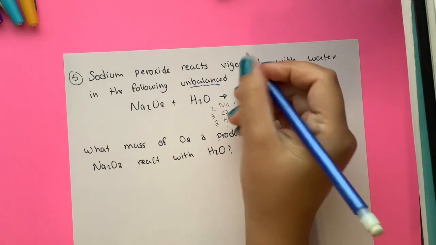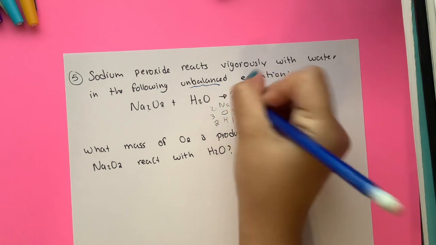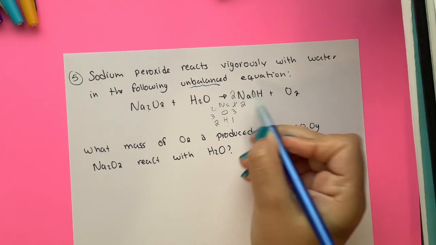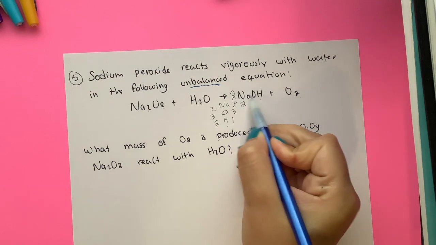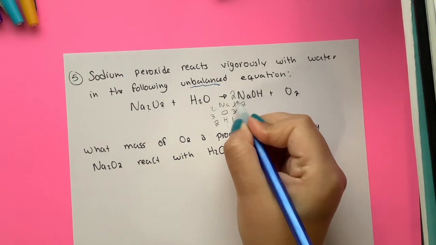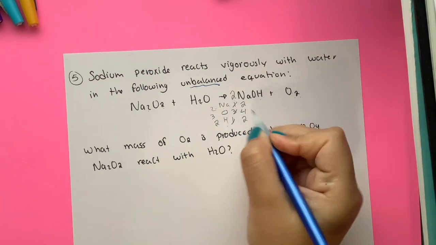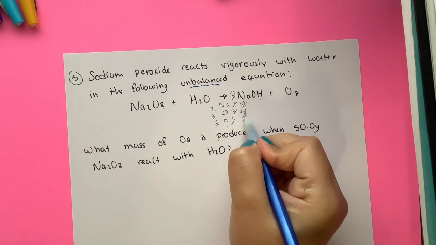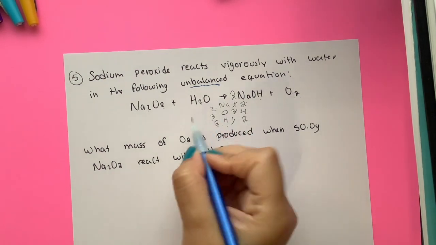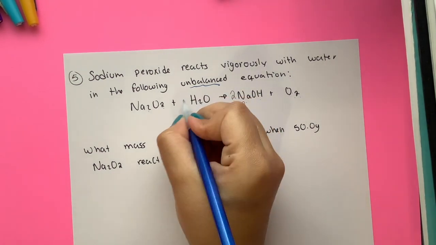To balance that, I'm going to put a 2 here. This 2 affects sodium. Now I have 2. Oxygen, I have 2 here plus another 2 here, that's 4. And hydrogen, I have 2. My sodiums are balanced, my oxygens are not, and neither are my hydrogens. To fix the oxygens, I'm going to put a 2 here.